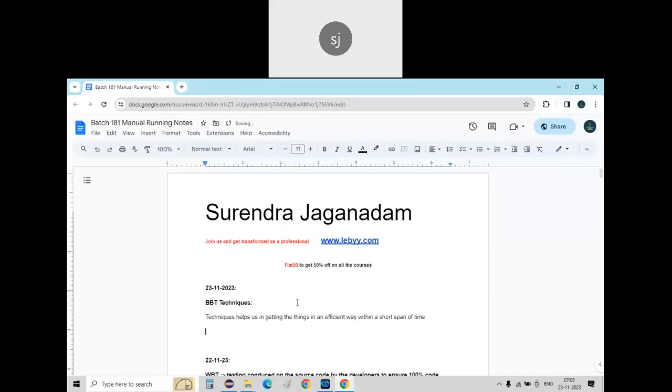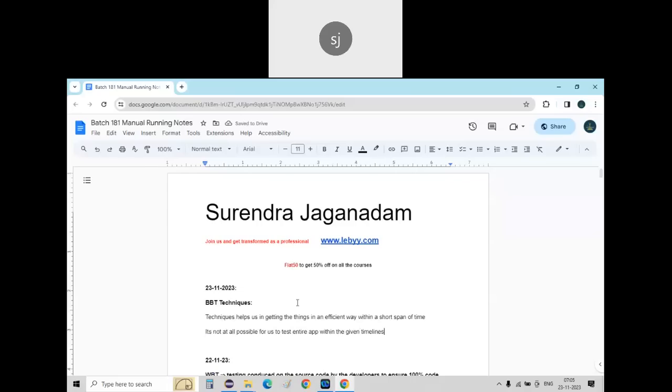In a similar way, it's not at all possible for us to test the entire application within the given timeline. Basically, they won't give that much time for us to test the application.